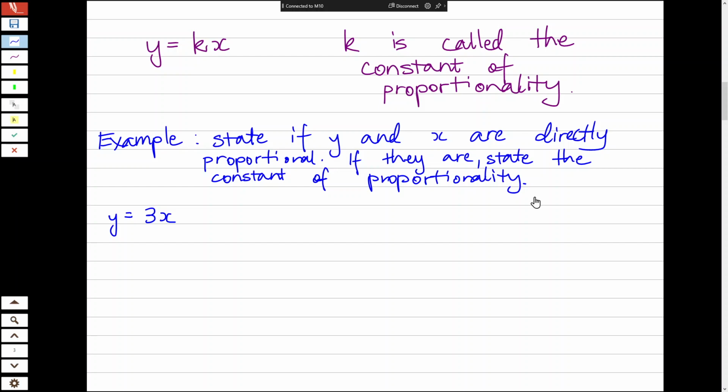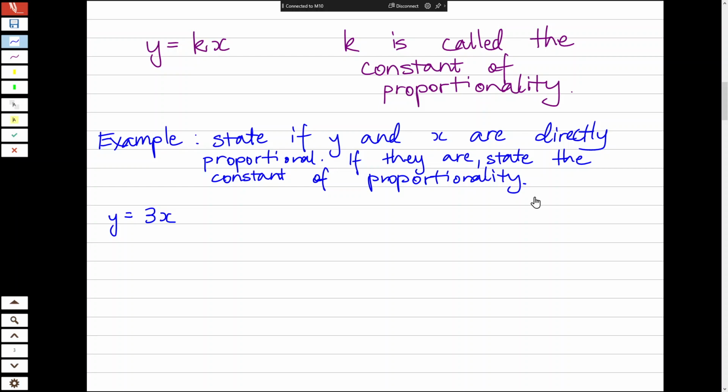Does that say proportion? I actually have no idea what you mean. It is. Okay, so I gave you y equals 3x. Alright, so if they are directly proportional, then you should be able to tell me the value of k. Where did you get 3 from? So it's just an example, okay?